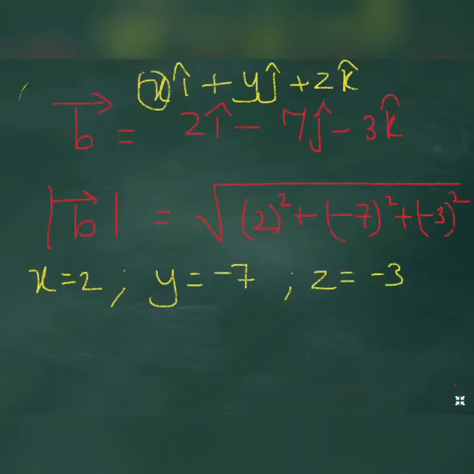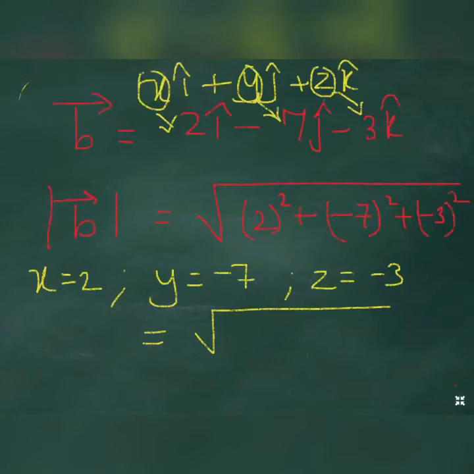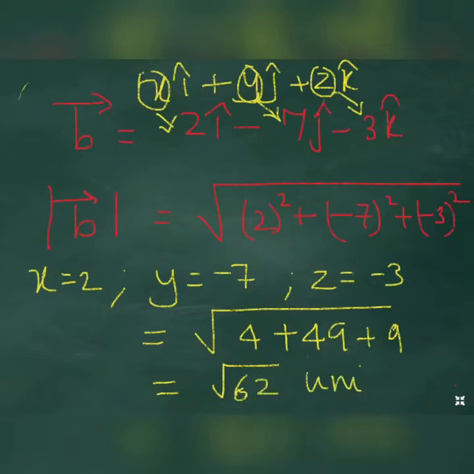So here x is 2, y is minus 7 and z is minus 3. Hence now finding the sum of these, we will get 4 plus 49 plus 9. So when we add in total, we get under root 62 units.